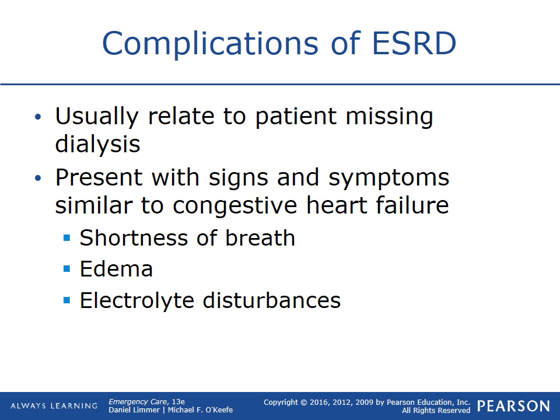They'll have signs and symptoms of somebody that has congestive heart failure: the shortness of breath, the edema or swelling, or fluid in their lungs and in their feet. They'll have electrolyte disturbances too. Their sodium and water will be shifting.